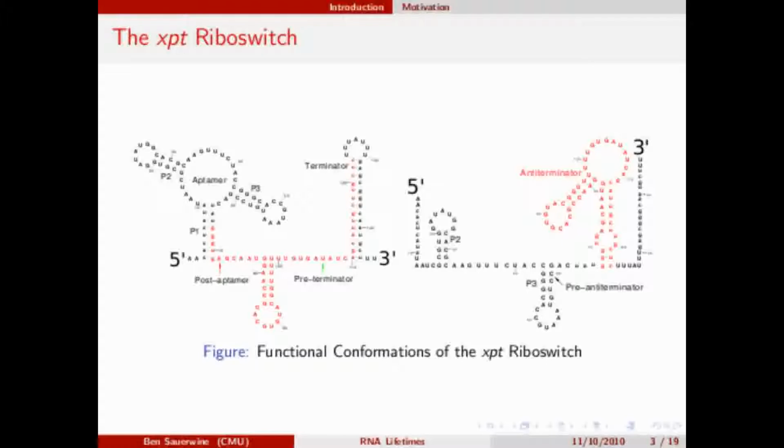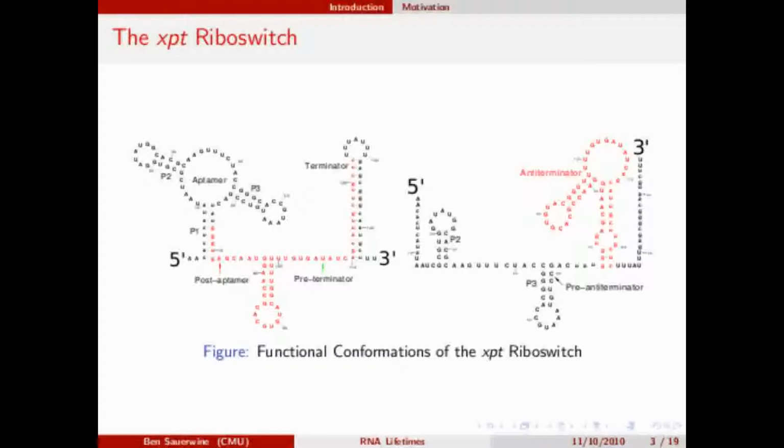On the other hand, in the event that the same piece of RNA does not find the ligand in solution, as on the right-hand picture, the anti-terminator is able to outcompete the aptamer on the RNA chain.